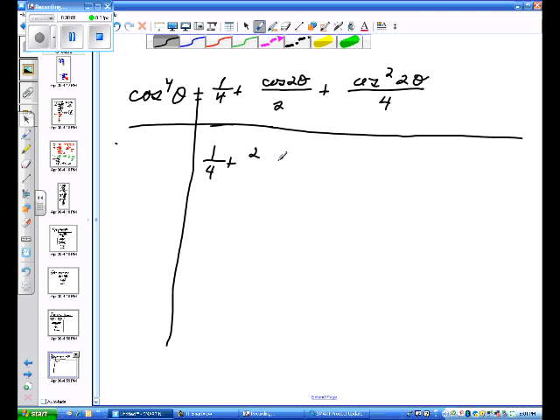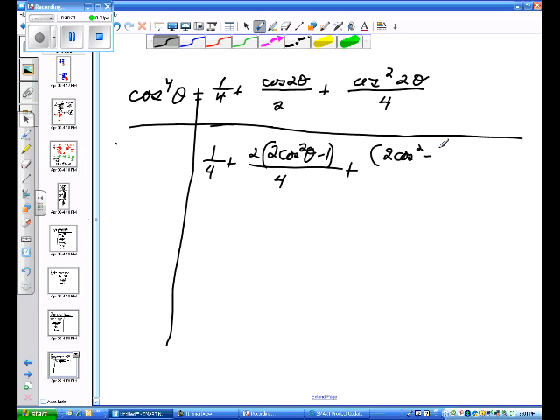Cosine squared theta minus sine squared theta, 2 cosine squared theta minus 1, and 1 minus 2 sine squared theta. Well, since I want a cosine in my answer, I'm going to use the 2 cosine squared theta minus 1 over 4. I multiplied both my numerator and denominator by 2.